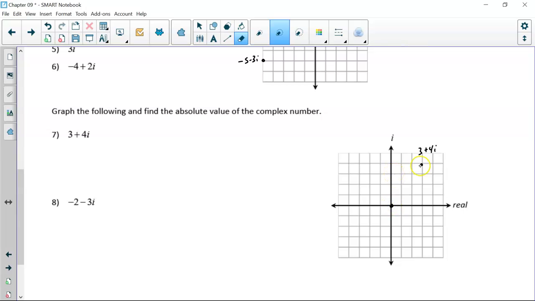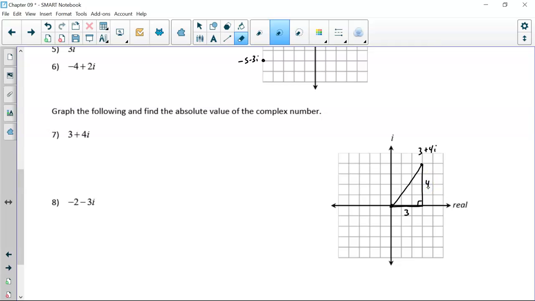So the distance is this diagonal line. Since we can't count a diagonal in the imaginary plane, we're going to drop a vertical and a horizontal and draw a right triangle. So this horizontal distance is 3, and this vertical distance is 4.